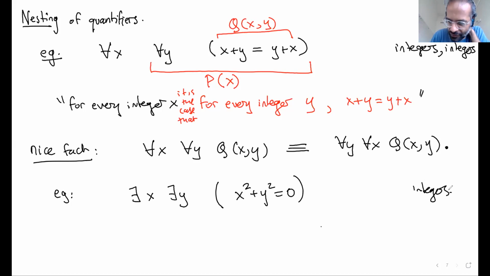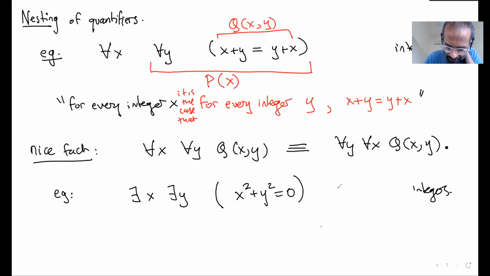By the way, is that true or false? It's true. It's true because of 0, 0, right? It's true because consider x equals y equals 0. And this is the same again logically as if you switch the quantifiers.